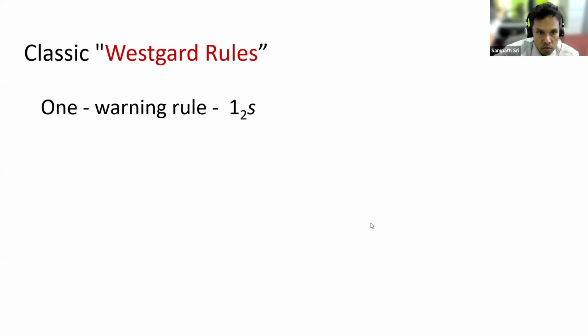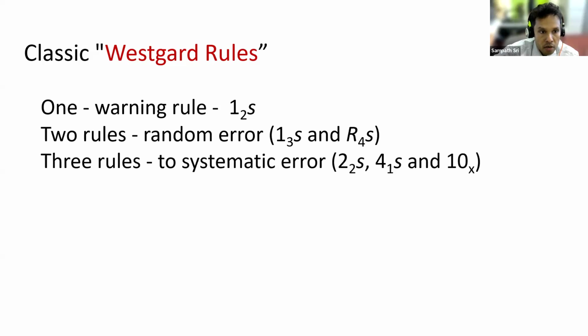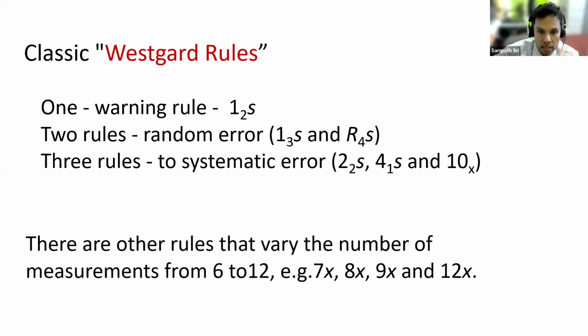We have one warning rule, which is 1-2S. Then we have 2 random error rules, 1-3S and R4S. Then we have another 3 rules which are indicating systematic errors: 2-2S, 1-4S and 10x. As I said earlier, all the other non-common rules we don't usually use in our day-to-day process.